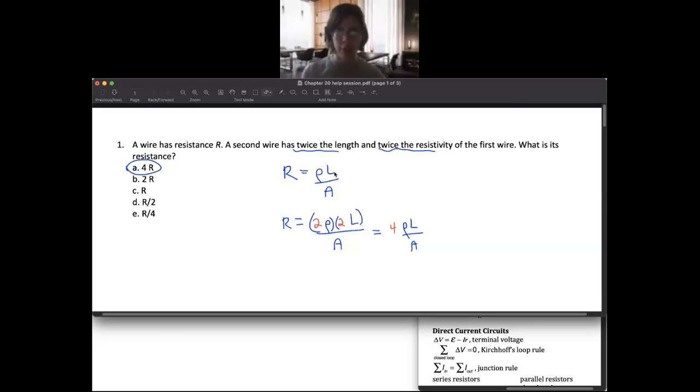For instance, if you increase the area, then the resistance decreases because they're in the denominator. But if you increase anything in the numerator, that would cause the resistance to increase. What's another way to increase resistance besides changing rho, L, and A?